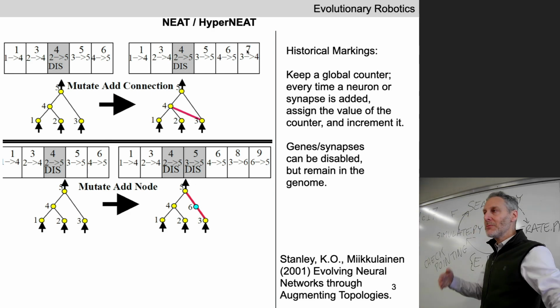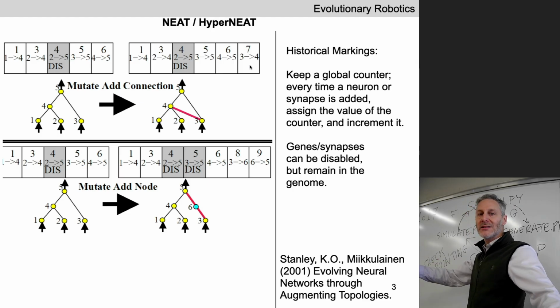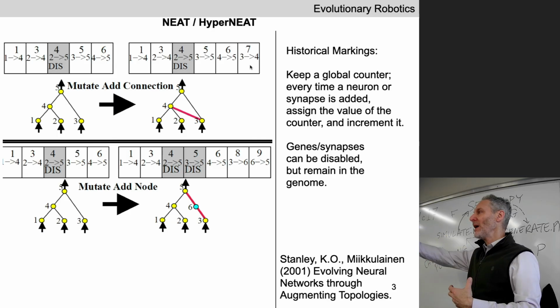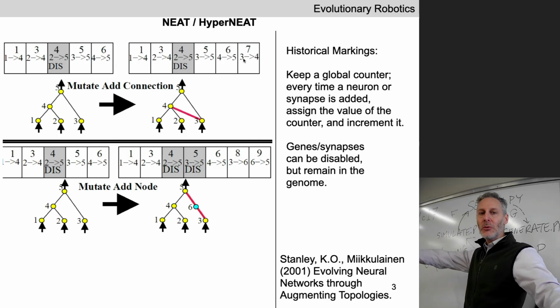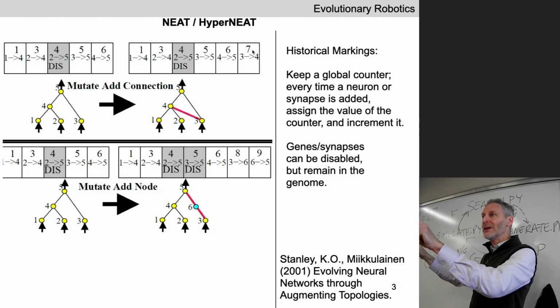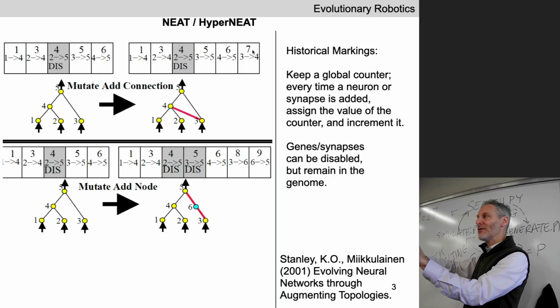We only increment the innovation number when mutation is adding a new bit to a genome. When we're copying genetic material from a parent into a child, we copy the innovation numbers. So now we have a parent that has a synapse with an innovation number of 7, and we have 2 children that also have synapses that have innovation numbers of 7.